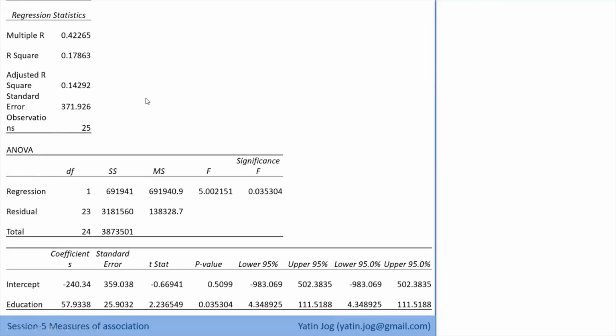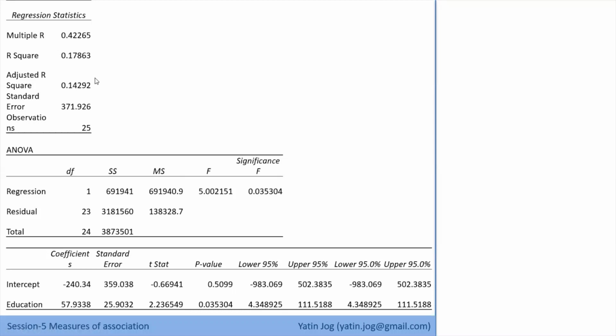Whenever I analyze data, I always use words very specifically. I always say based on available data. Based on available data and the R square value, which is only 0.17, I can say that education is not a good predictor of earning.